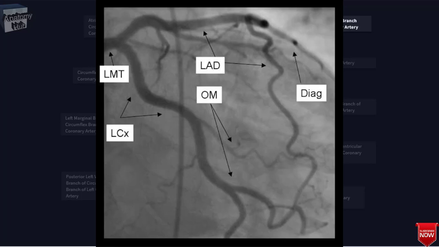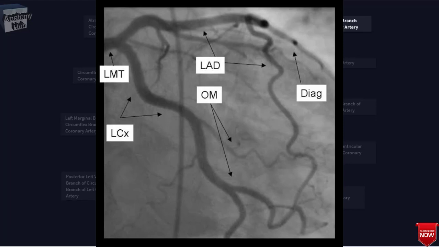A blockage in a coronary artery can be rapidly identified by performing a coronary angiogram. This imaging modality involves the insertion of a catheter into the aorta via the femoral artery, and a contrast dye is injected into the coronary arteries, and X-ray based imaging is then used to visualize the coronary arteries and any blockage that may be present inside the artery.